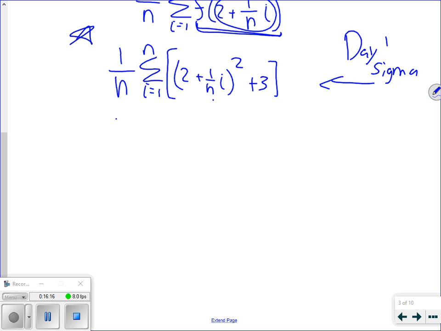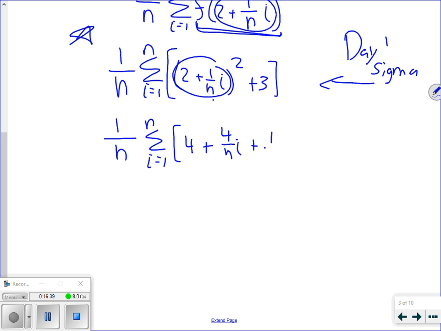So I got 1 over n, the summation i equals 1 to n. Let's simplify this part out. If I were to FOIL this out, it would be 4 plus 4 over n i plus 1 over n squared i squared, and then plus 3.